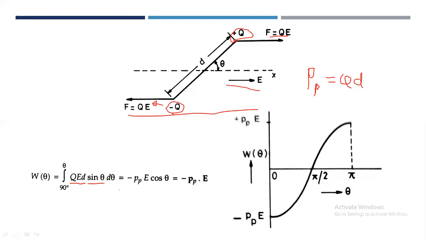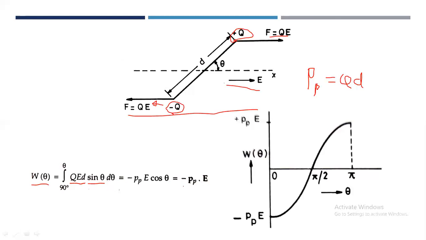And this is an instantaneous value. So the total energy required for this dipole can be calculated as W of theta equals the integral from 90 degrees to theta of Q E d sin theta d theta.